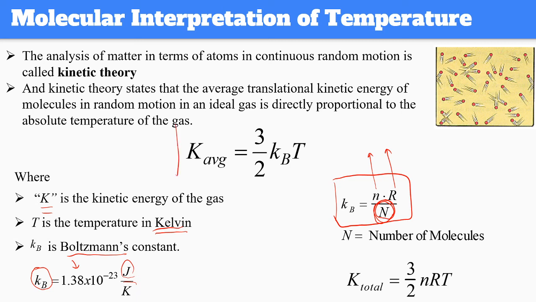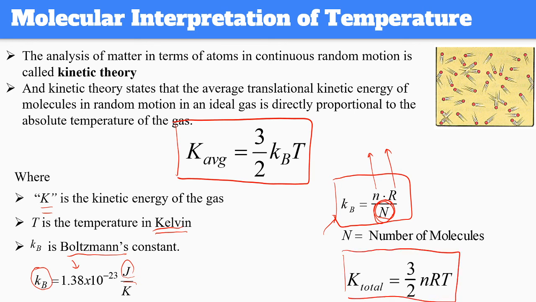the average kinetic energy, but if you actually replace this Kb with an R over N, then that can also help you to find the total energy. So you just disregard the number of molecules. So your total kinetic energy is going to be 3 over 2 nRT.